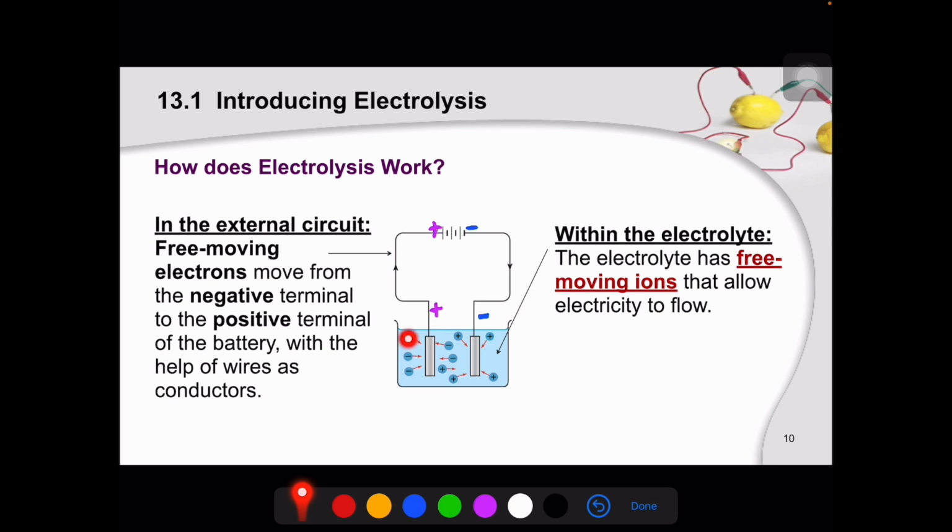The negative ions, that I'm pointing out over here, they will all be attracted to the positive electrode. Why? That's because positive and negative attract each other. Right, so this is actually how the ions move around. They will actually detect whether the electrode is a negative one or positive one, and then they will move towards it. And what happens when they move towards it is reaction will take place.